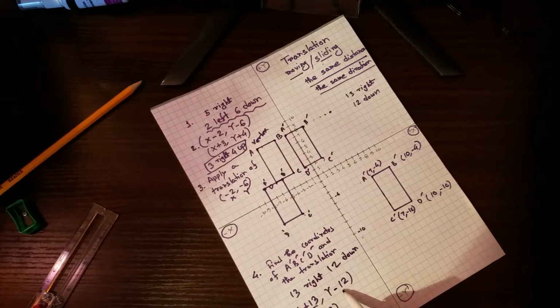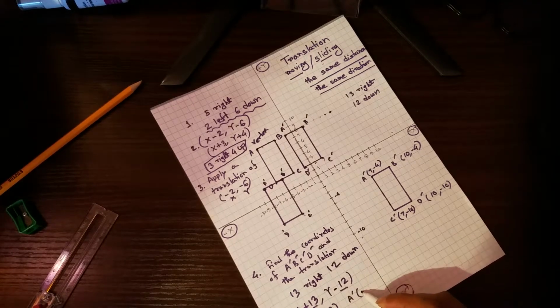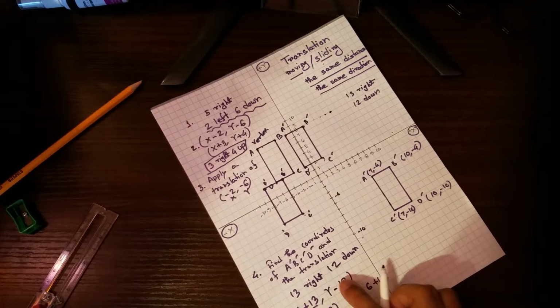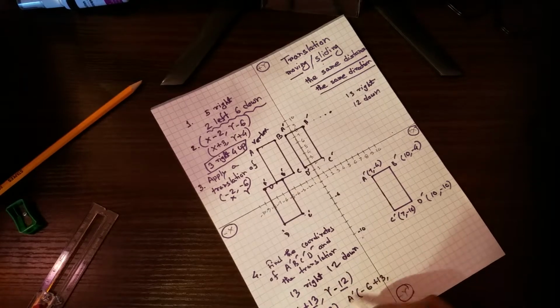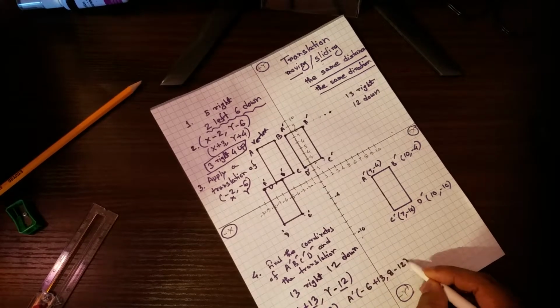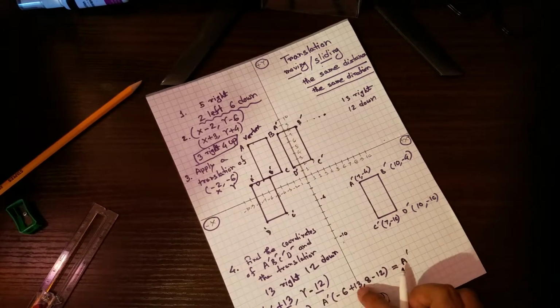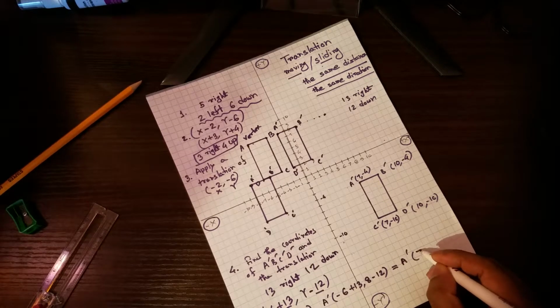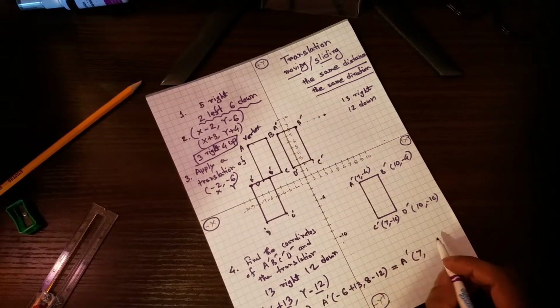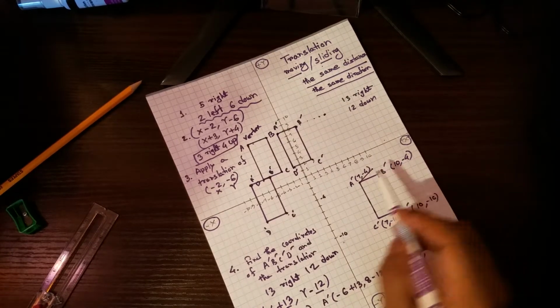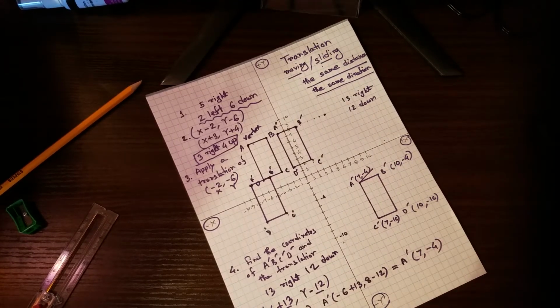You're doing plus 13 and -12. So what will happen here, your A prime will become -6 plus 13, and your y is 8 minus 12. Now if you do the calculation, you'll see your A prime is negative 6 plus 13 will give you 7, and 8 minus 12, that will give you negative 4. So now you see that this is exactly 7 and negative 4. Okay, so similarly you can do B, C, D.